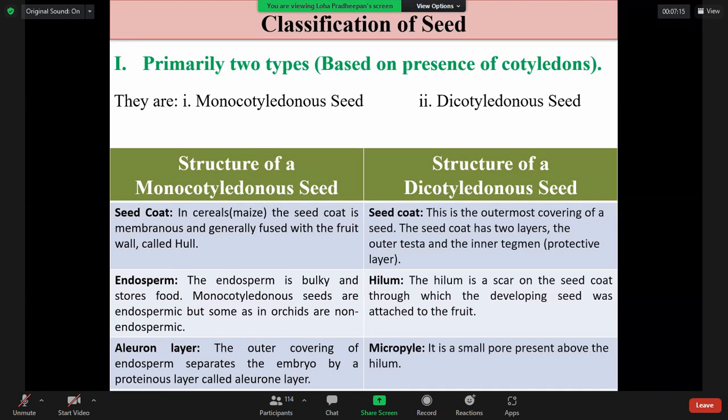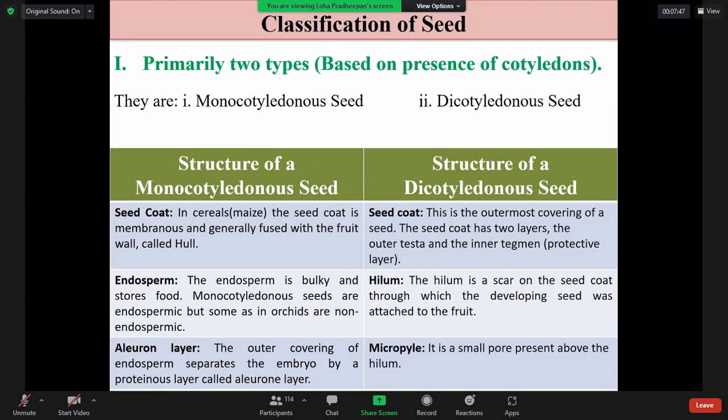In dicot, the seed coat is the outermost covering of the seed. It has two layers, the outer testa as well as the inner tegmen. The protective layer we call the inner tegmen. Then if you look into the endosperm, the endosperm is bulky and it stores the food. That is in the monocot.